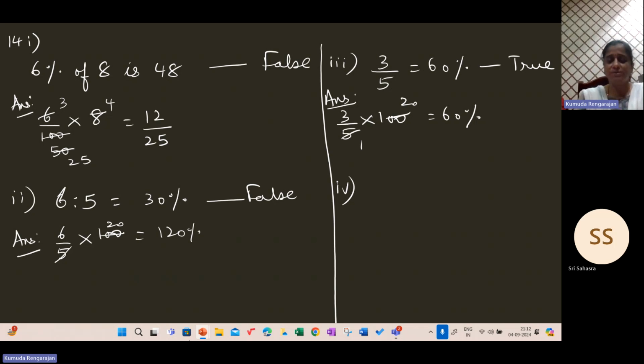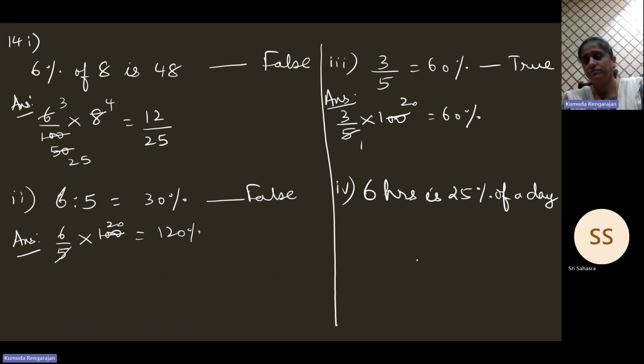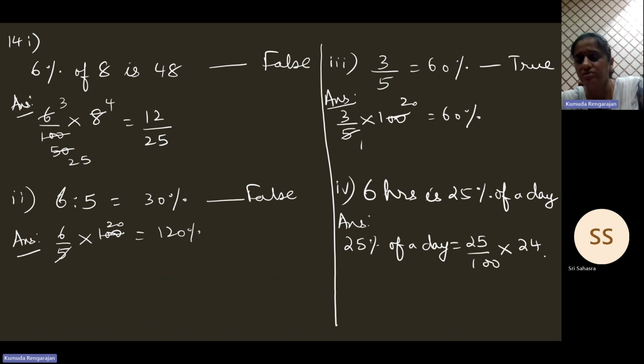6 hours is 25% of a day. 25% of a day means 25% is 25 by 100, of is into a day, and a day is 24 hours.